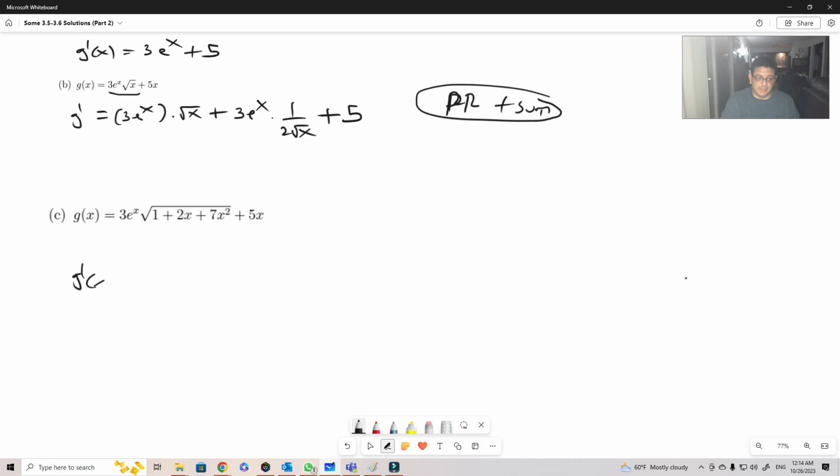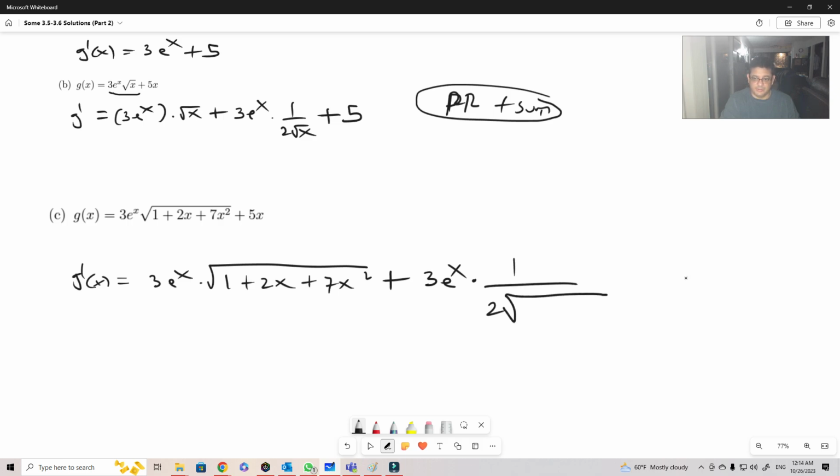So g prime of x is still going to be 3e to the x from the derivative of this, and then times square root of 1 plus 2x plus 7x squared, and then plus 3e to the x, because it's the function without doing any derivatives, and then times 1 over 2 times the square root of whatever is inside, 1 plus 2x plus 7x squared, times, and now we're going to do the derivative of the inside function, which is 2 plus 14x.